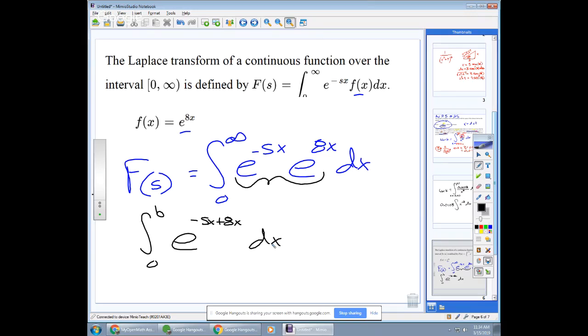Anywhere I can do algebra to make the integrand simpler is a good idea. I could even rewrite it one more time and factor an x out of there, which might be helpful. The integral from 0 to b of e to the power, and I'm also going to change the order, so e to the power 8 minus s, x dx. Do I have to do that? No, but it'll make finding the antiderivative easier.